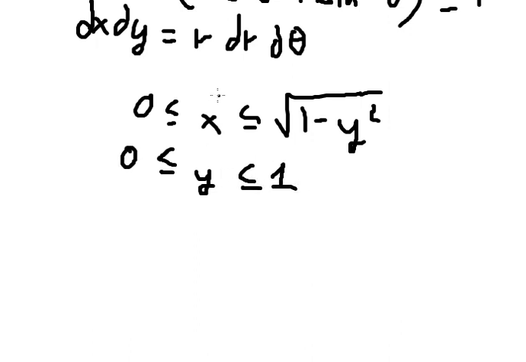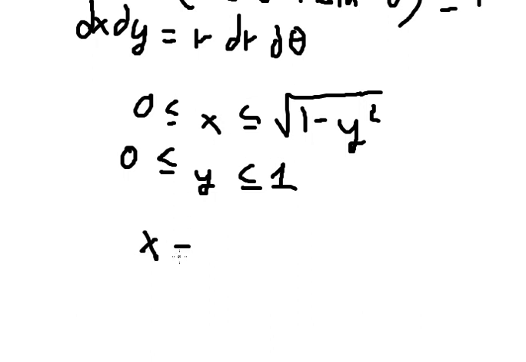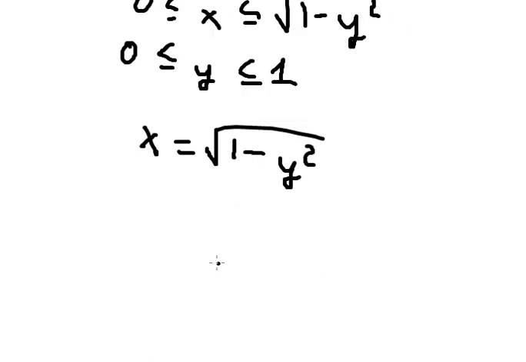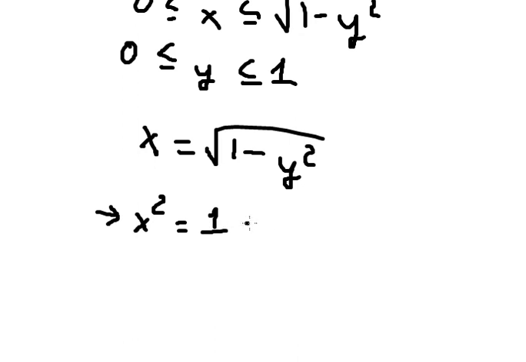Now we need to graph this one. So we need to put the power of 2 on both sides to cancel the square root. So I will put this one to the left.